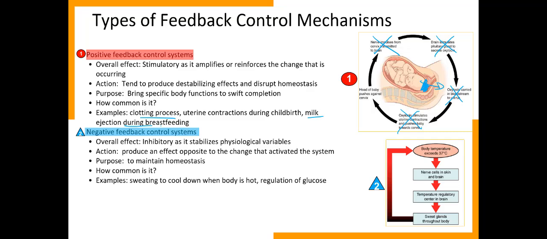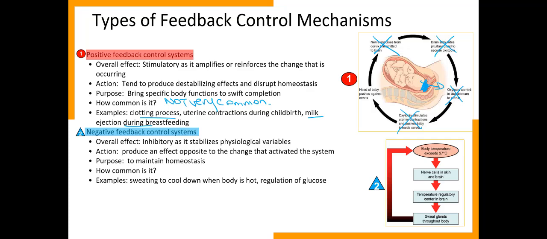As the baby suckles on the breast, the breast releases the breast milk, and it continues to do that until the baby's full and stops suckling, and then that signal is lost, and so breast milk is no longer being ejected, right? So positive feedback control system is one example of a feedback control system. You can see here it's not very common at all.